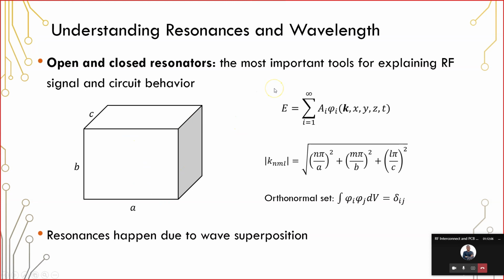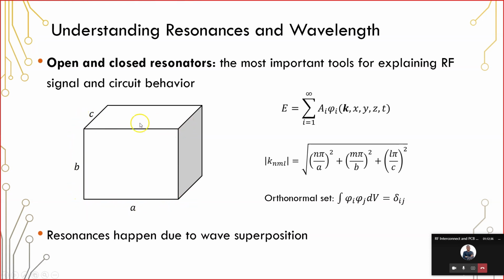Some RF structures rely on resonances in order to support either a stationary wave inside of this box or to support propagation of a wave along one direction of this box. When we talk about substrate integrated waveguides towards the end of this presentation, you'll see an example of this type of structure. This same concept applies in grounded coplanar waveguides.